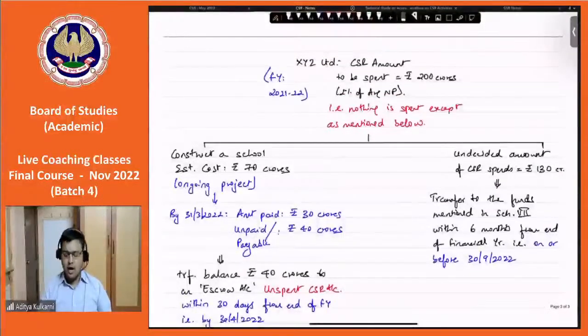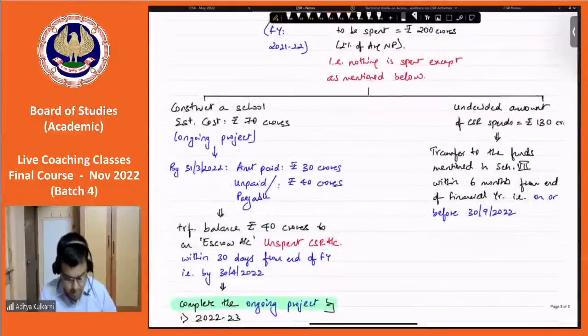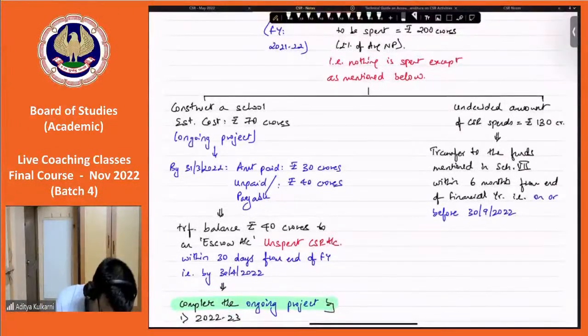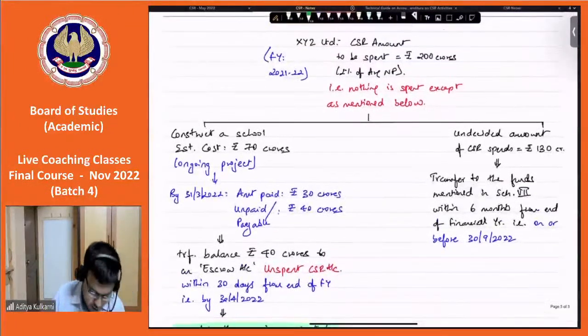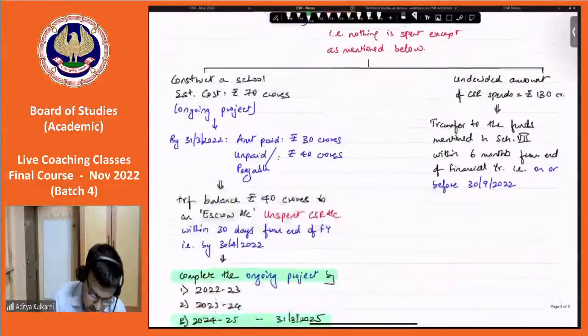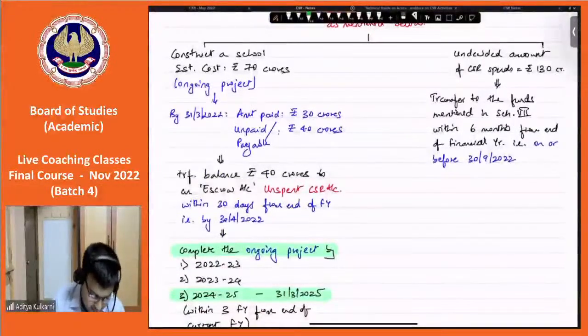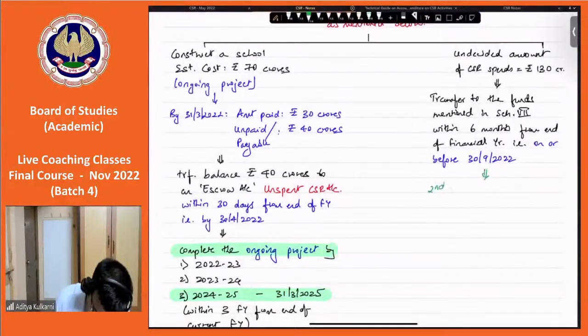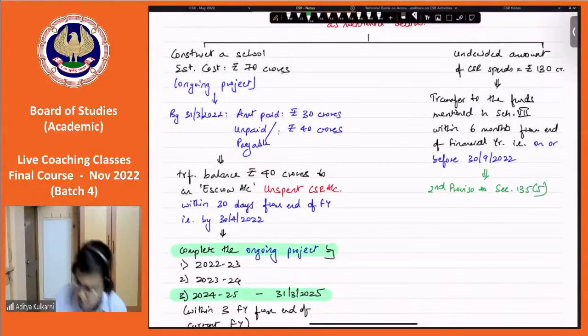Okay, so undecided amount is done, ongoing project is done. This undecided amount, what we have discussed, is nothing but the second proviso to section 135(5).